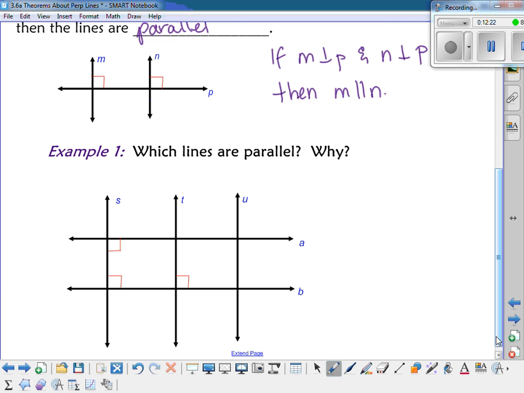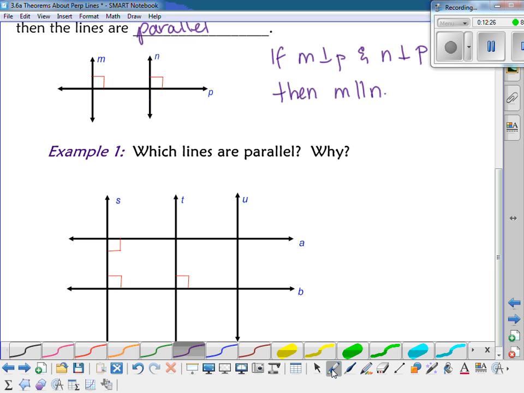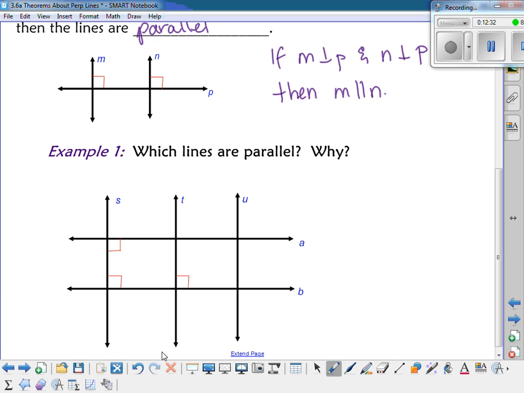Okay, so if I look, I can see that I have two right angles right here and right here. So lines A and B are both perpendicular to line S. So that means that A has to be parallel to B, because they're both perpendicular to line S.